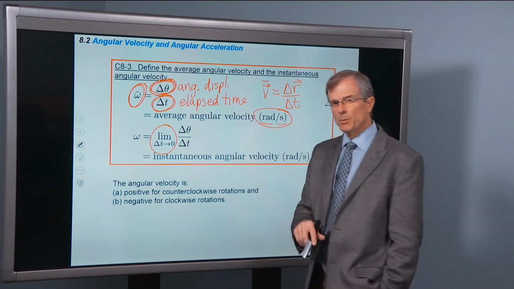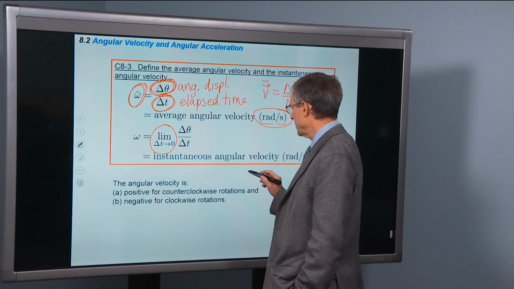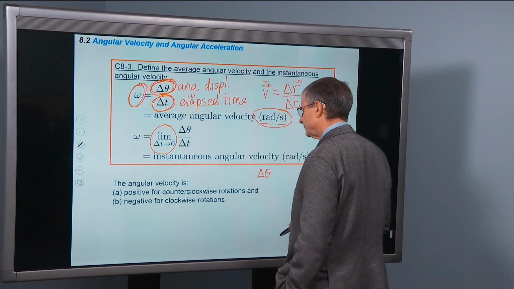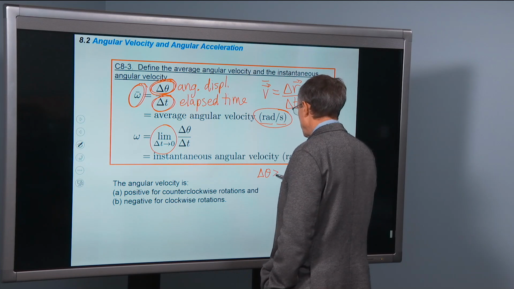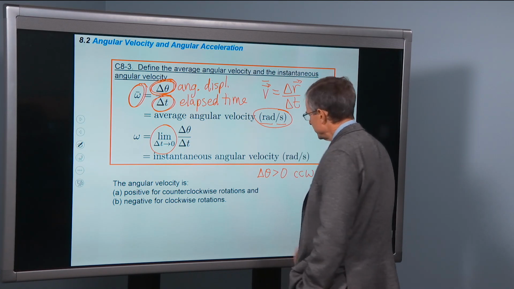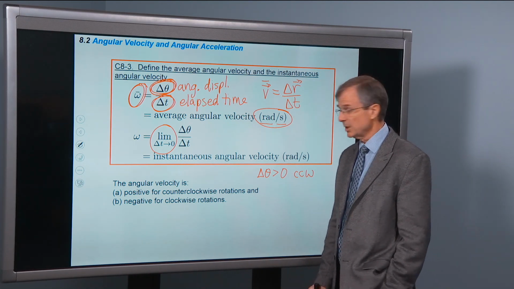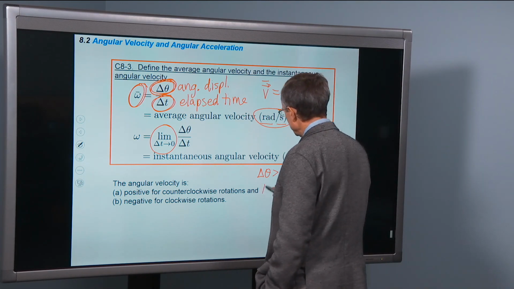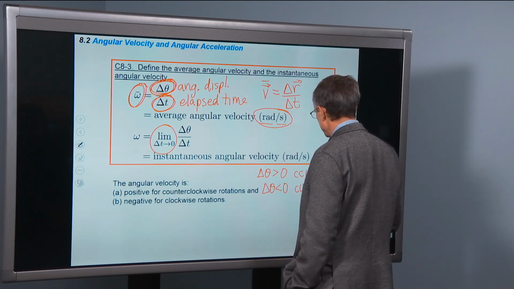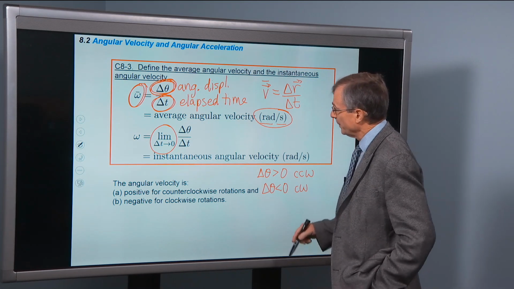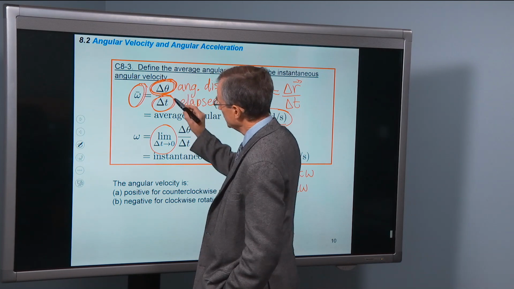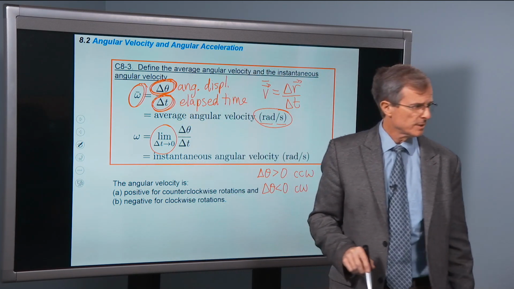So, given what we know about angular displacements, we know that delta theta is positive for counterclockwise rotations. We wrote that down a few slides ago. We know that the angular displacement is negative for clockwise rotations. Well, the angular velocity is the angular displacement divided by the change in the time.